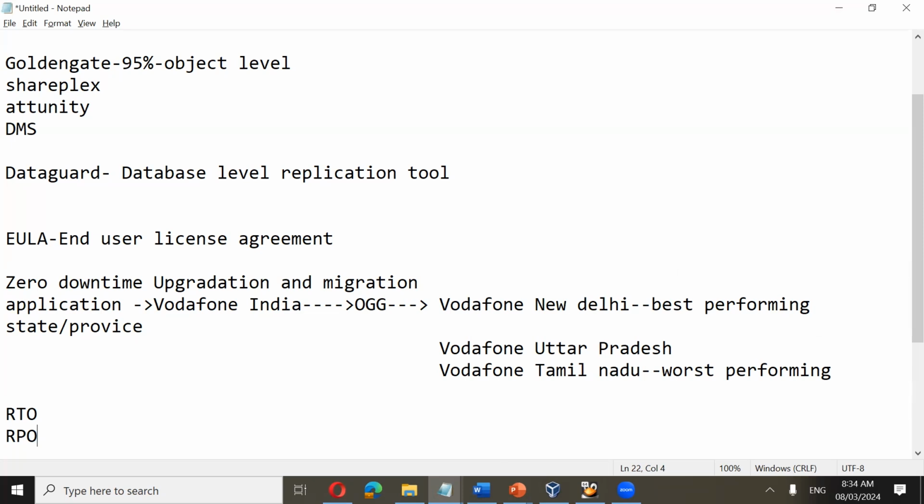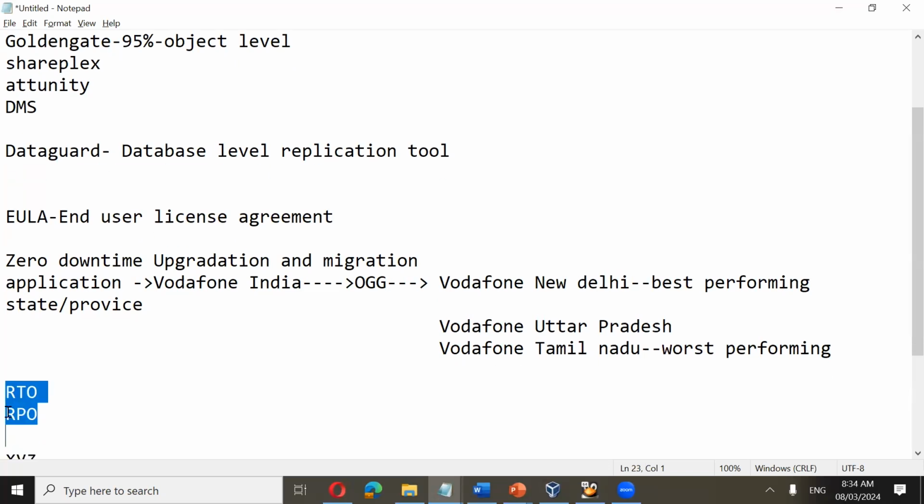It means that, say for example, if any issue happens in your Golden Gate replication or change data capture replication, how quickly the recovery can happen, that is called RTO. So RTO is within how much time a recovery can happen. And RPO means until what point the recovery can happen.